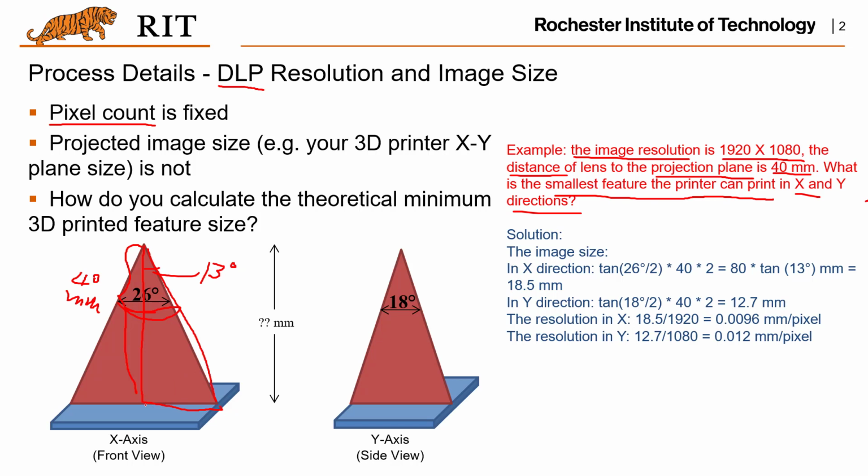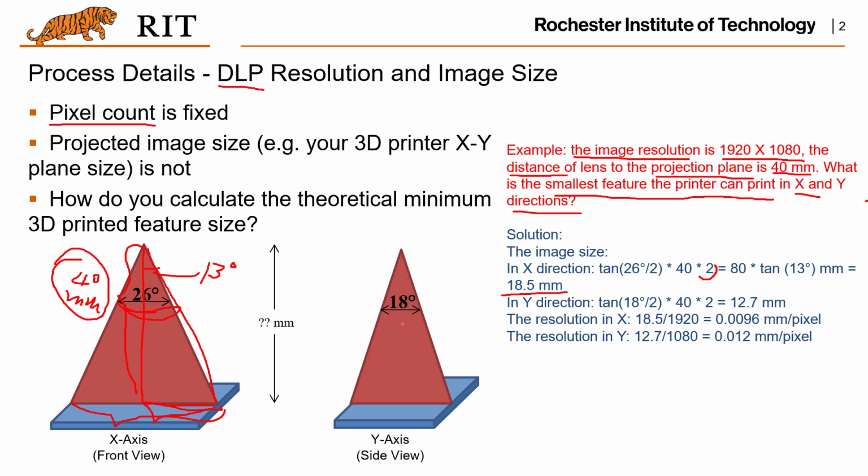And basically, you want to compute the length of this edge. So you need to use the tangent of this angle times this 40. Then you have half of the image dimension in the x-axis. For the whole dimension, you need to multiply it by 2, and eventually you have the dimension in the x direction.